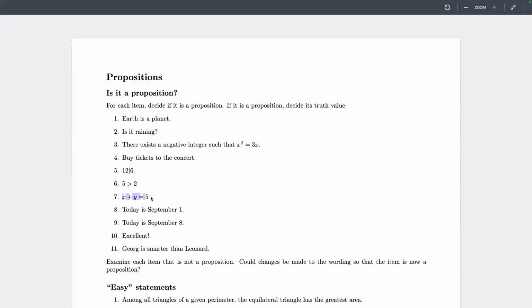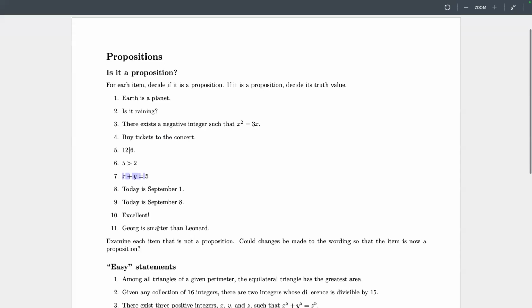And so we're missing that context. And so if we added in context where maybe we defined one of the variables or both of them, then that's a statement that we can then say is either true or false. What about 11? Is 11 a proposition? No, why not?